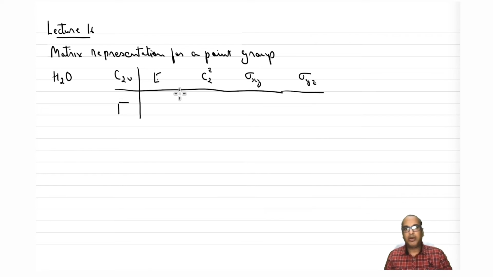Now I am not writing a group multiplication table, but the format of writing is similar. Here on the left hand side, I'm using a symbol tau, and I'm using the basis set. The basis set is the set of vectors which are chosen for defining a particular matrix. In this case we have chosen xyz, so I'm writing tau xyz.